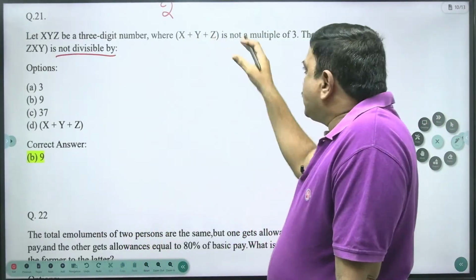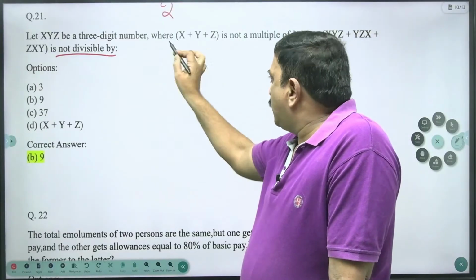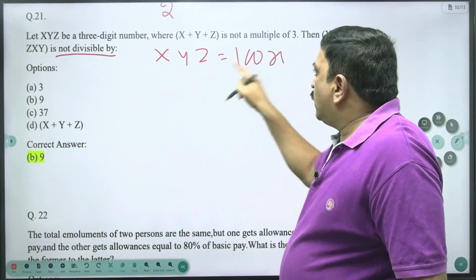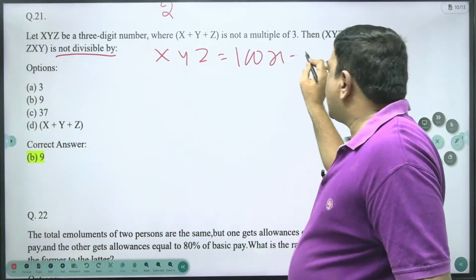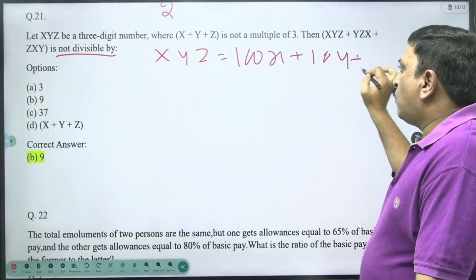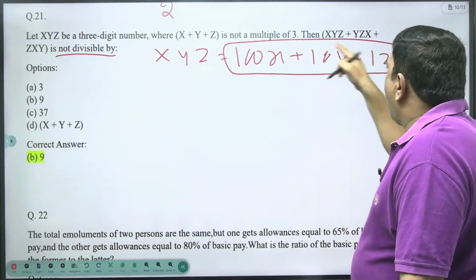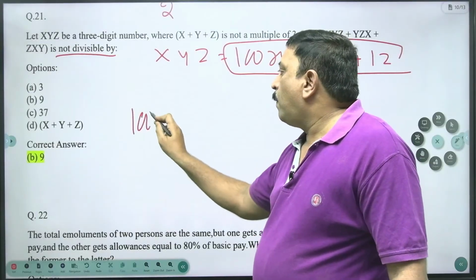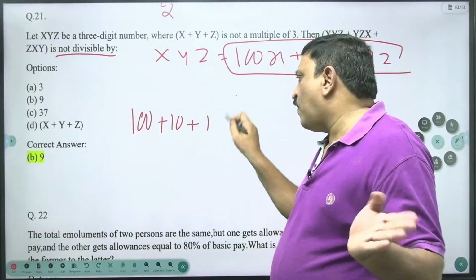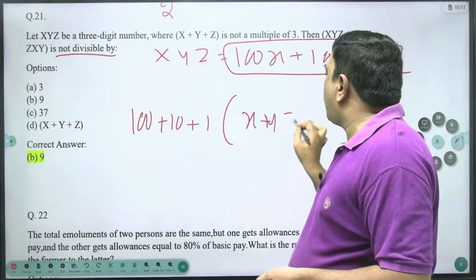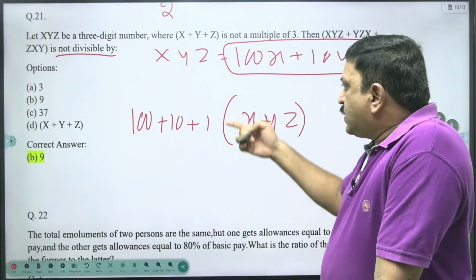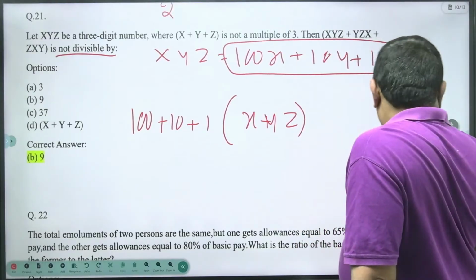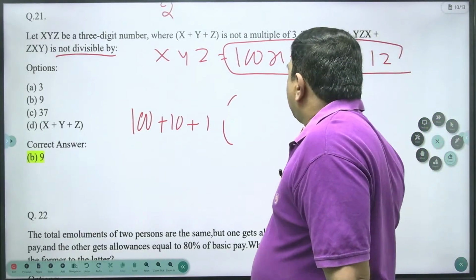So when the case of 3-digit numbers comes, suppose xyz, the value is based on place value: units place, tens place, hundreds place, 100x plus 10y plus 1z, is it not? So if you add all these things, what you will get is 100 plus 10 plus 1 common for all of them.